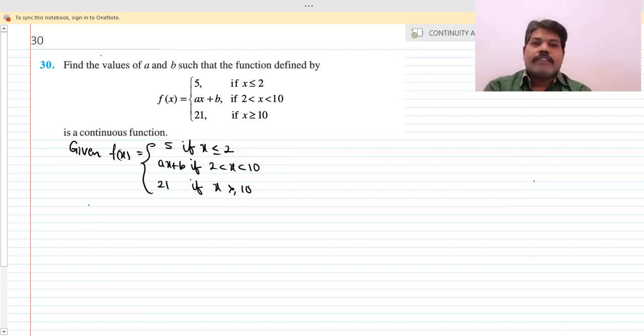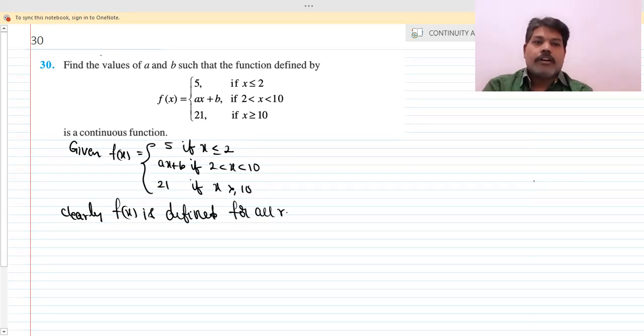So clearly f of x is defined for all real numbers.